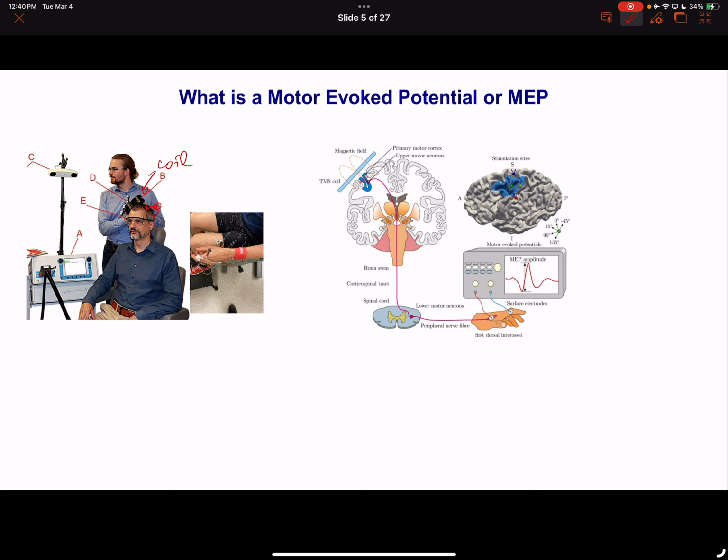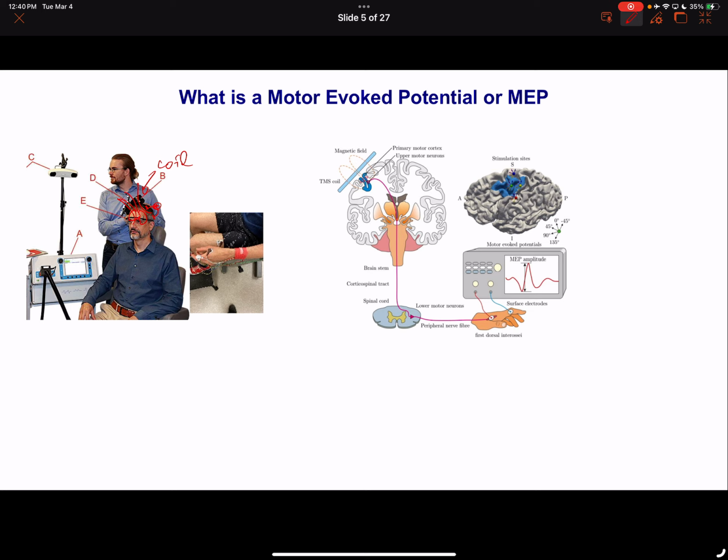The idea is very simple: you use either a strong magnetic field to push ions out of neurons, thereby causing brain activity. Ions are charged species, so if you subject them to an electric field, they're going to be subjected to a force, and so you can cause cells to exchange ions using electric fields. That's the basic underlying principle.